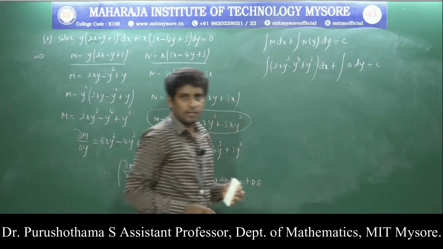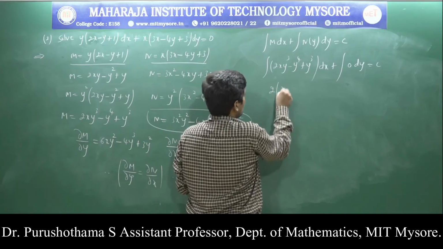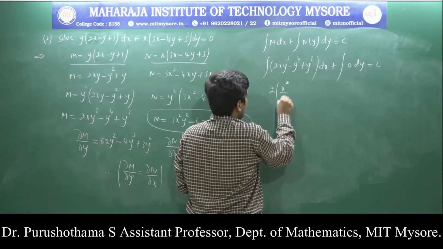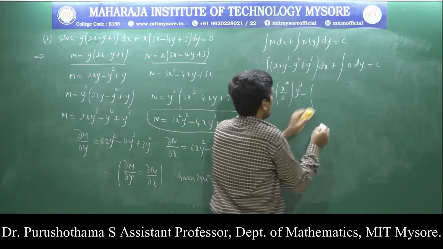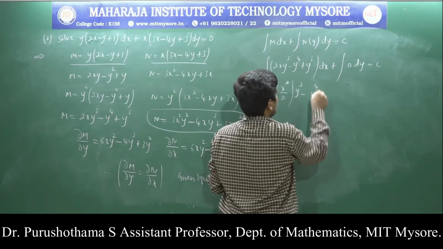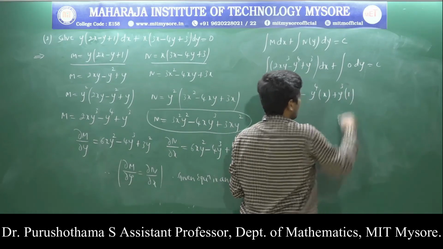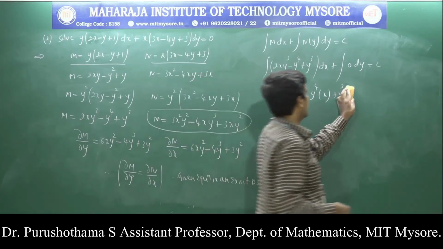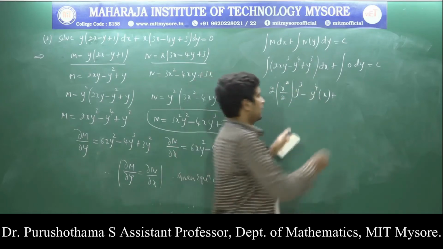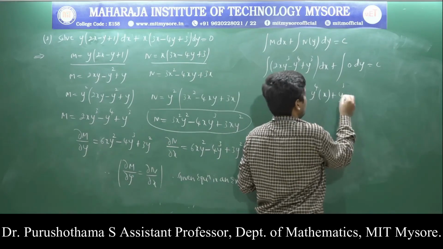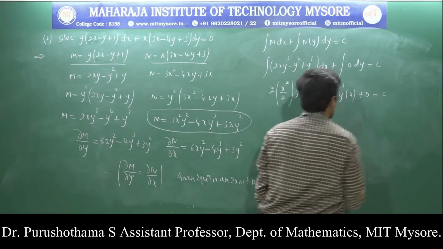So integrate the first term with respect to x. Integration of the first term: 2 into x power 2 divided by 2 with respect to x into y cube, minus y power 4 is constant, integration of 1 with respect to x is x, plus y cube is constant, into integration of 1 with respect to x is x, plus 0 is equal to c.